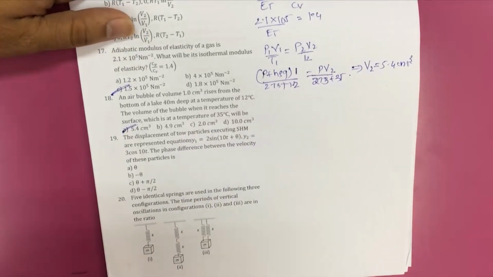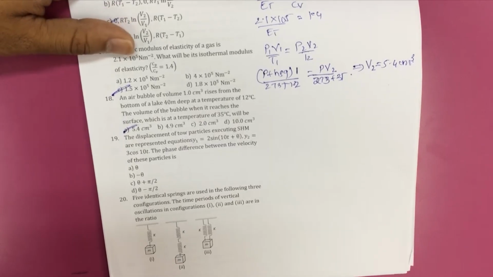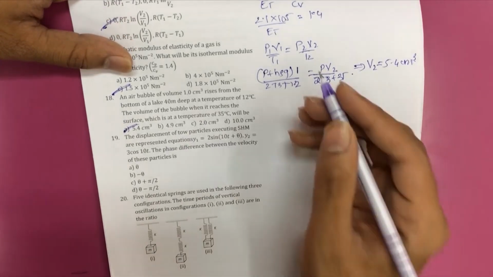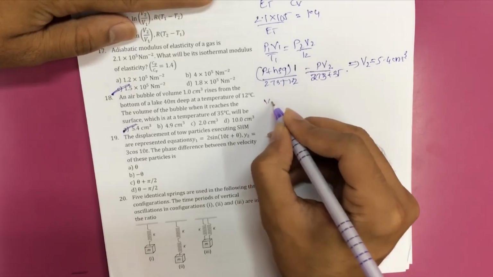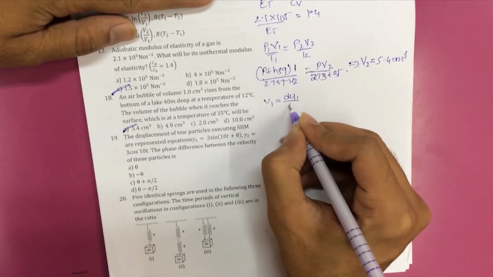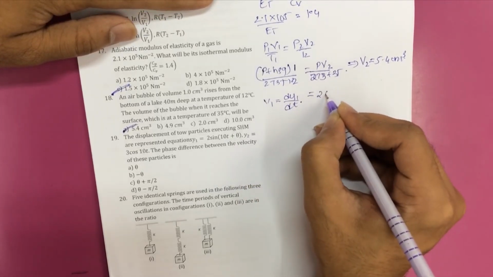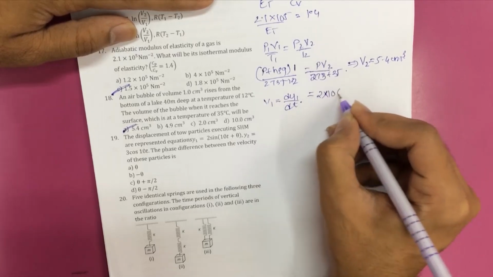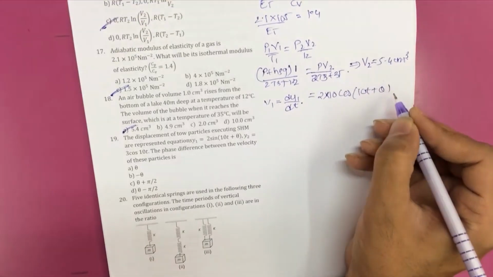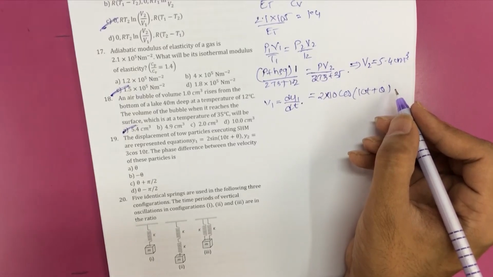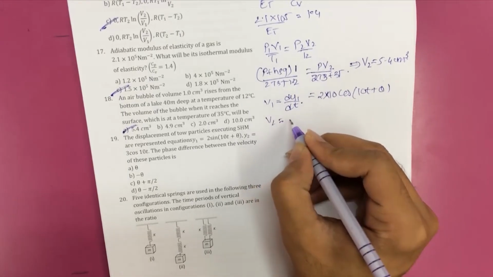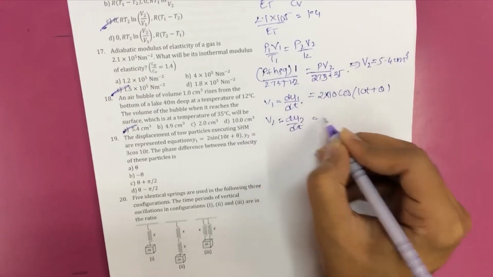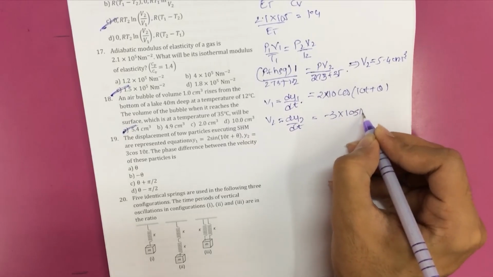Question 19. The displacements of two particles executing SHM are represented using equations y1 equals sin(10t plus theta) and y2 equals 3 cos 10t. The phase difference between the velocity of these particles is, now v1 equals dy1 by dt equals 2 multiplied by 10 cos(10t plus theta).